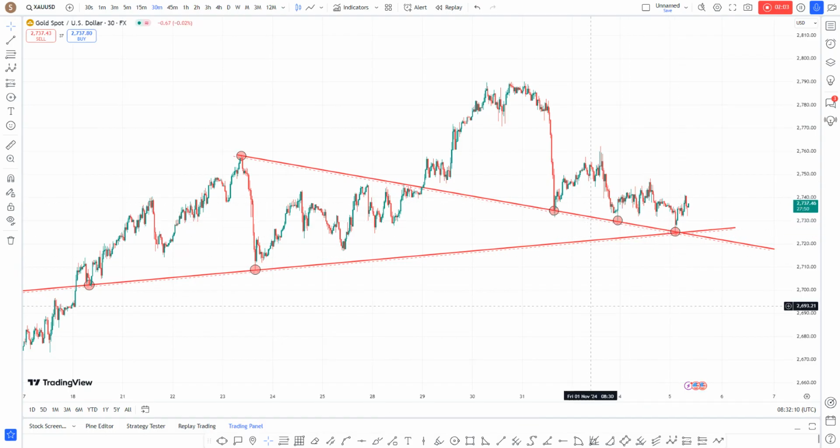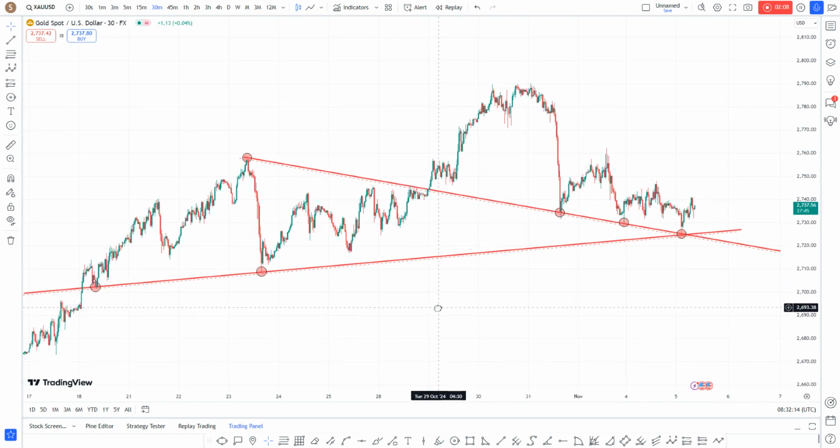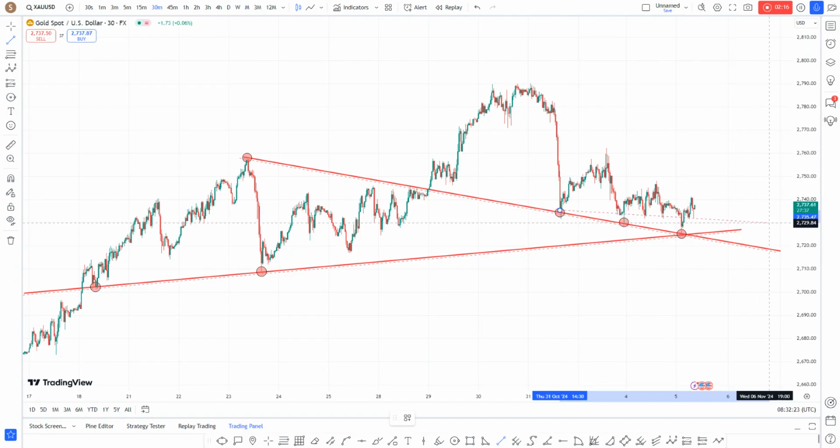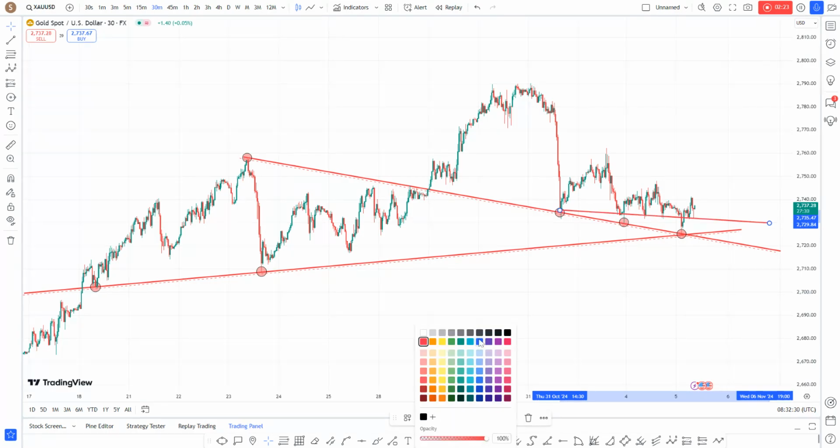And here we have double confluence. After the market touched 2,725, it may be showing some promising bullish move at that level. And when we look at it again, we have another descending support structure, which I will change the color to blue.